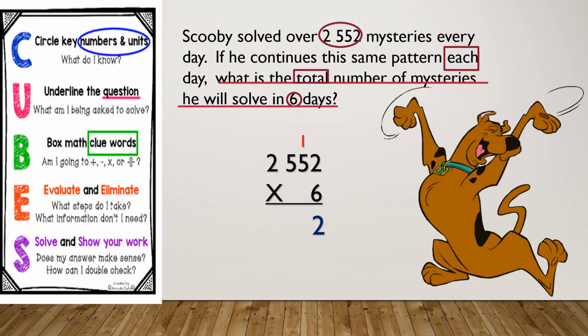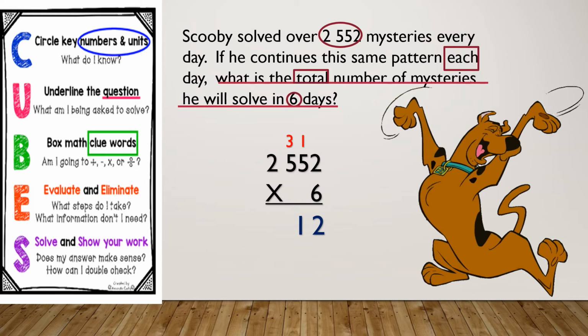So now we multiply the tens. 6 times 5 gives us 30. Plus 1 gives us 31. So now we must regroup 31 tens as 3 hundreds and 1 ten. So we put 1 in the tens and we put a 3 over the hundreds.